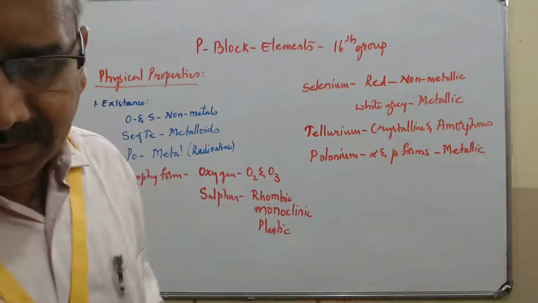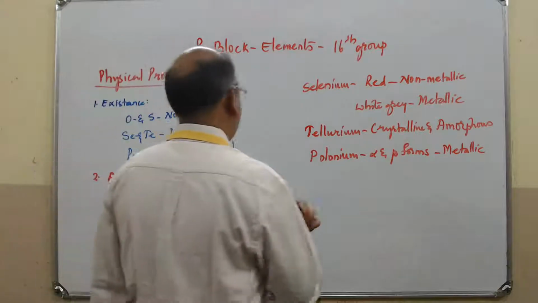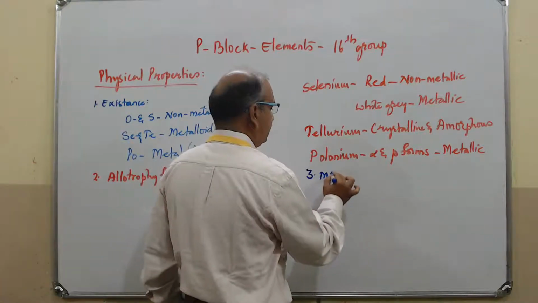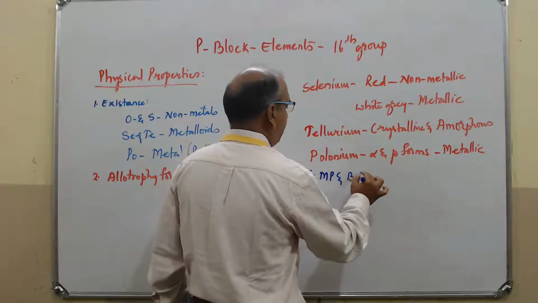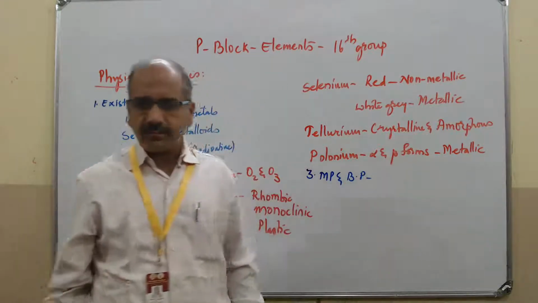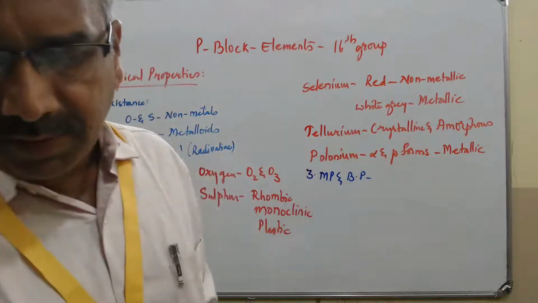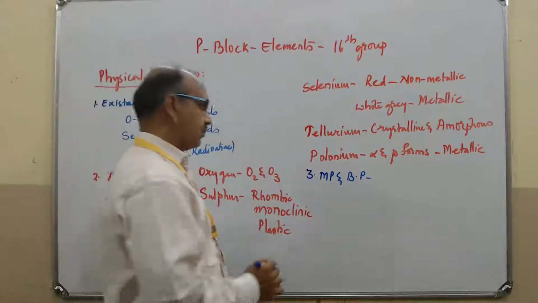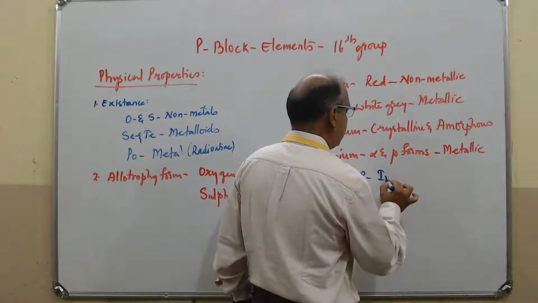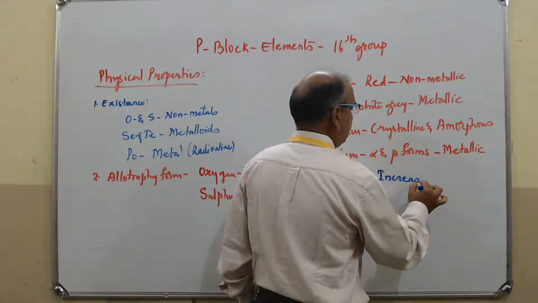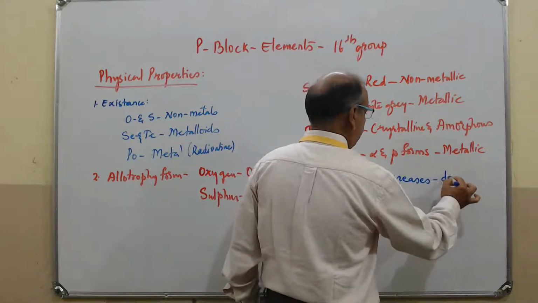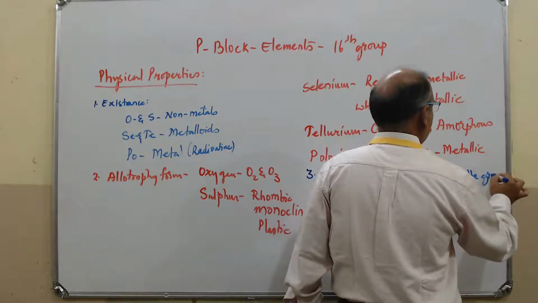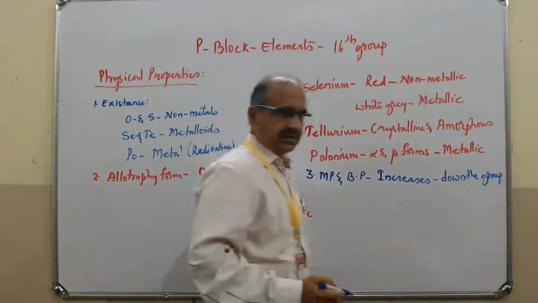Next, coming to the third point, melting point and boiling point. Melting point and boiling point increase down the group. Why does it increase?